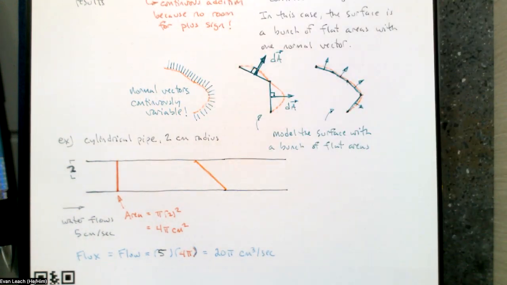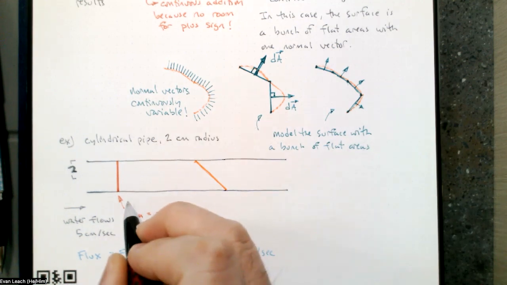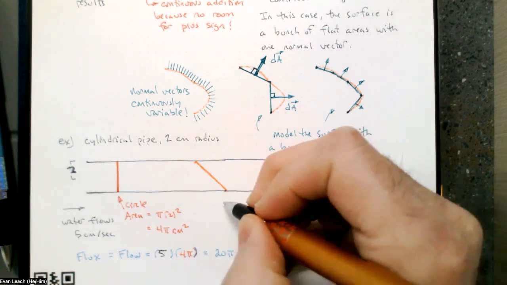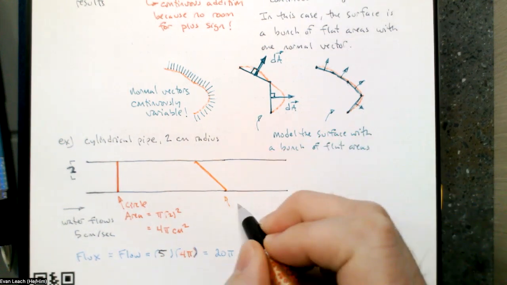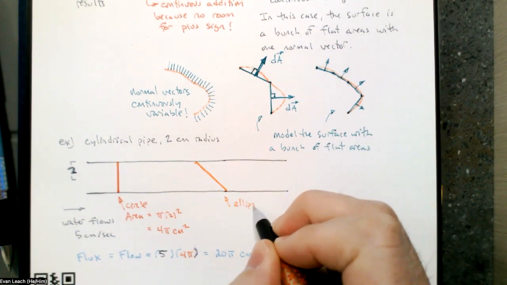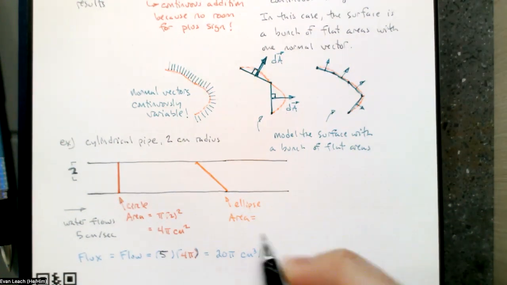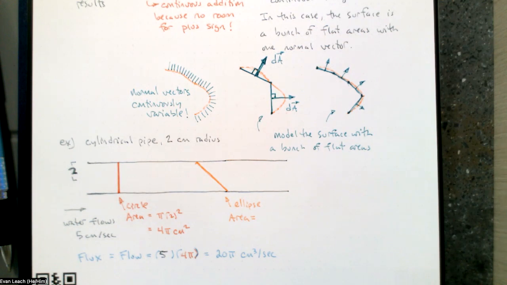This is going to be a larger area. That's going to be an ellipse. Over here, we had a circle. But over here, we have an ellipse. The area is going to be larger.